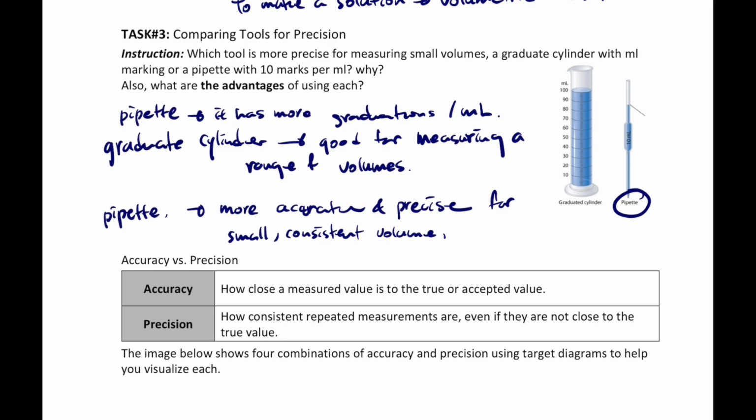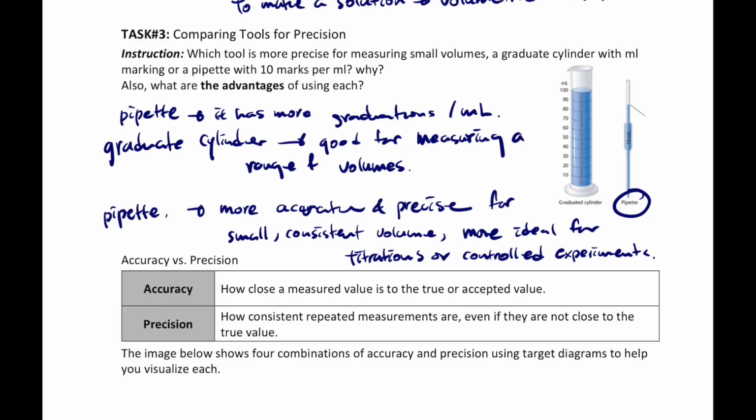So we can say that the pipette is actually more ideal for titrations or controlled experiments.